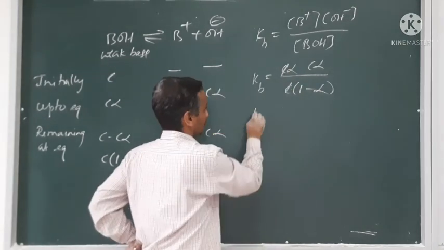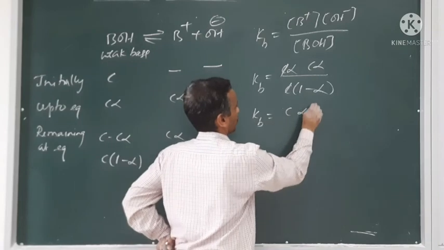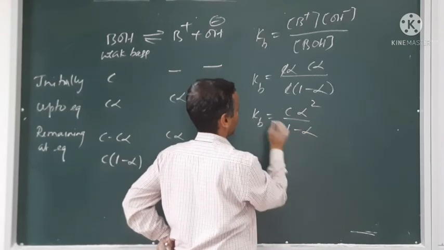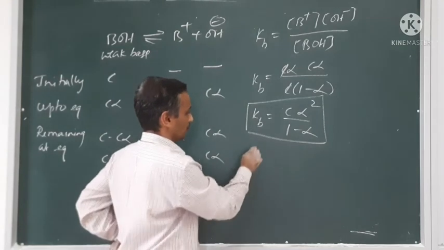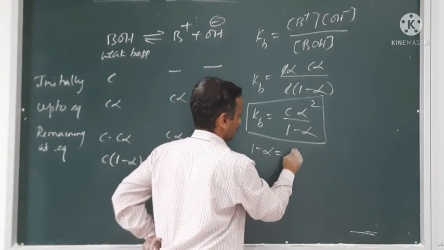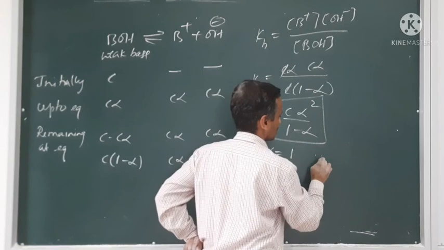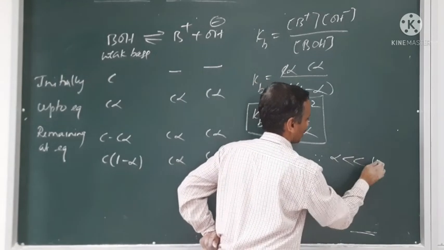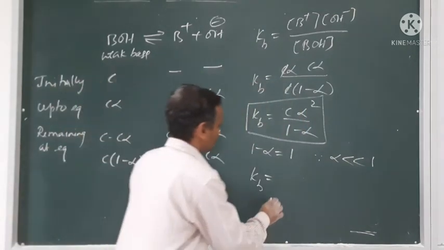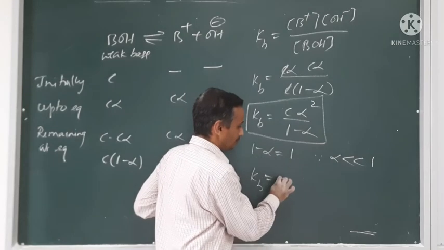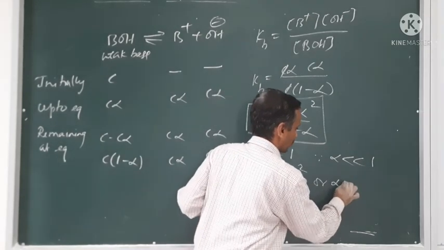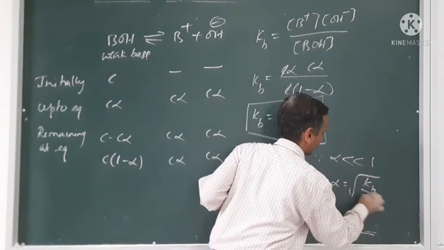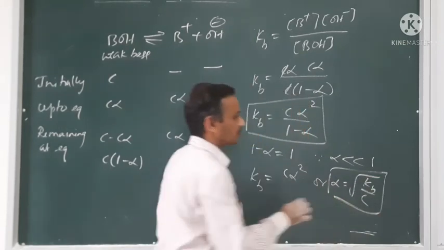Kb is equal to C alpha squared divided by 1 minus alpha. 1 minus alpha is 1 because alpha is very less than 1. So what happens here? Kb is equal to C alpha squared, or alpha is equal to square root of Kb by C. Note on this, from this also problem can be asked.